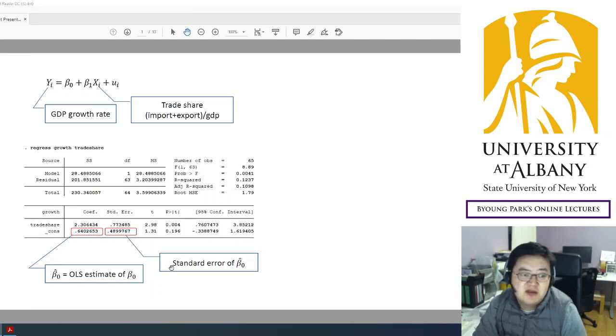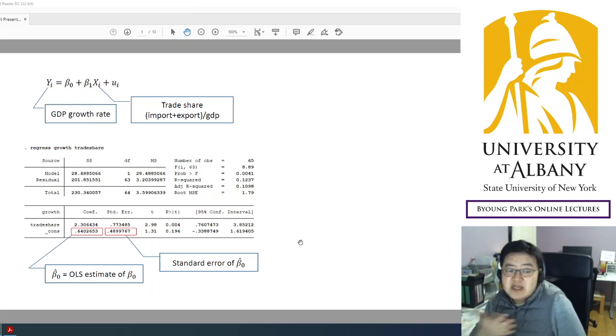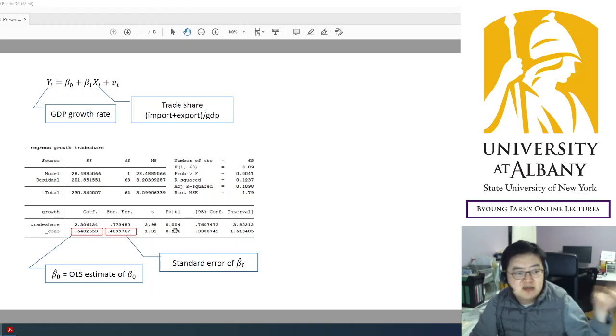It was complicated, but the main idea was the standard error is inversely proportional to the square root of sample size, right? So standard error is proportional to 1 over square root n. As the sample size increases, the standard error will decrease, but we cannot see the formula on the table because Stata calculated everything for you.